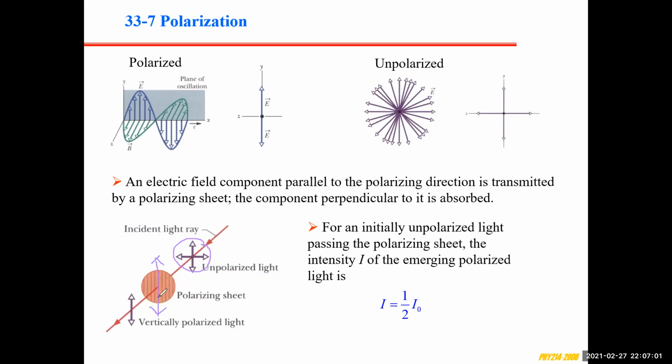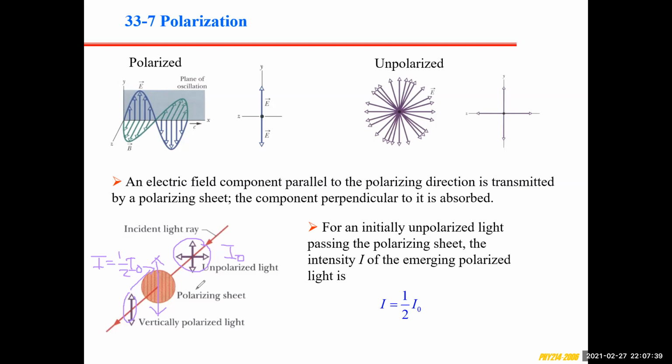If you have an intensity I naught and it's sent through this polarizer, half of the electric field will be absorbed by this polarizing sheet, and only half of the light will remain, in the same direction as the polarizing axis. So the intensity changes by a factor of 1/2, because only half is permitted and half is absorbed by this device.